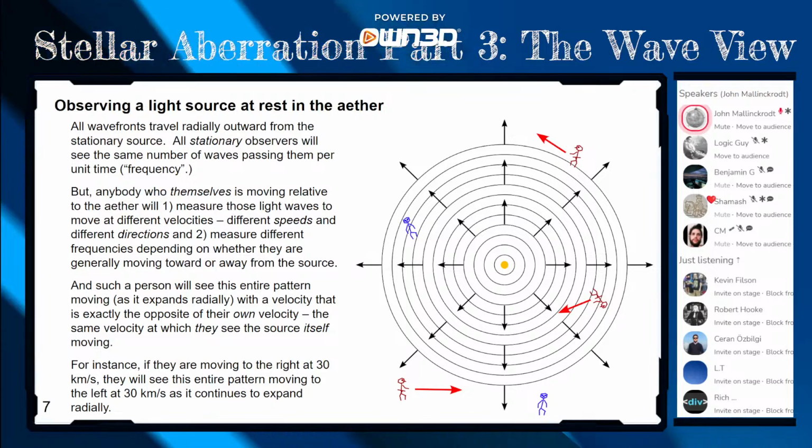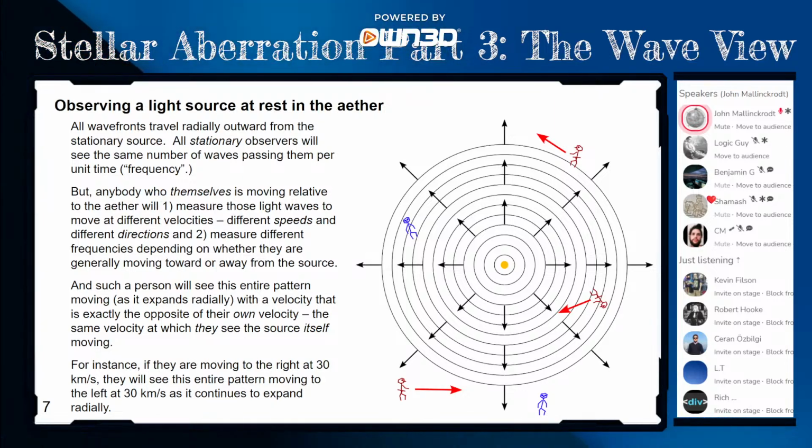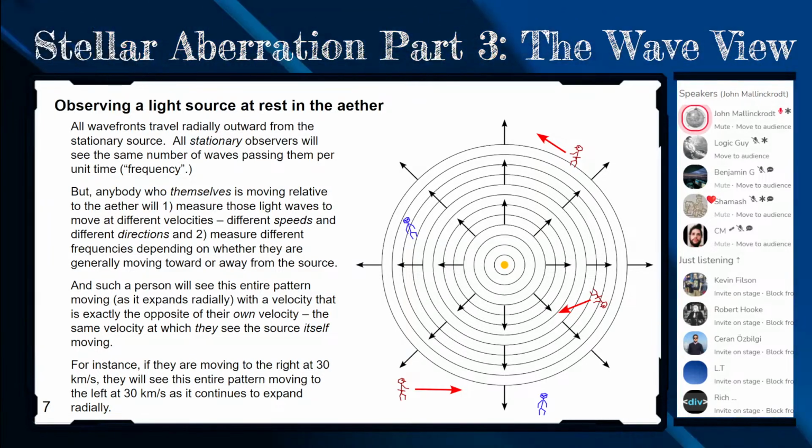And some red guys who are moving through the ether, and therefore will have a little more complex view of the light. They're not just sitting there watching the light wash over them, their motion is going to cause some differences as well. It's going to cause aberration, in fact. So we'll talk about that.